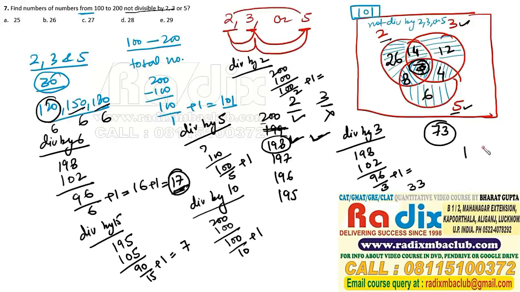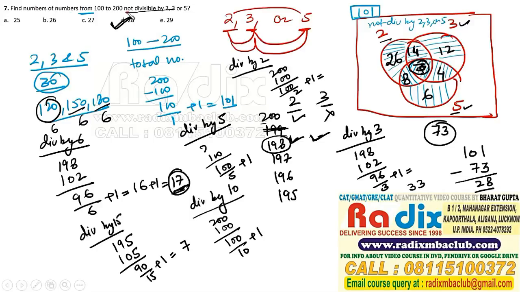So our answer would be 101 minus 73, and this is 28. So the answer is option D. That question is very important. Practice this method, and once you command it, you will calculate these values very fast.